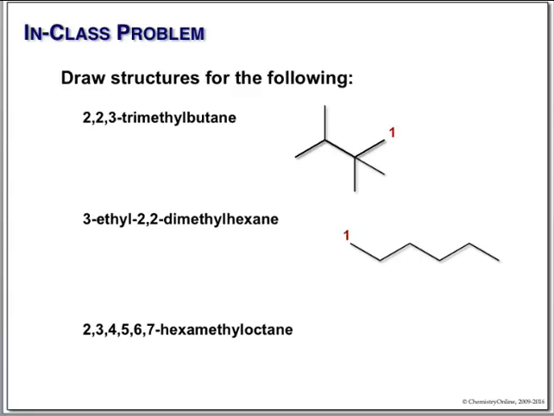Now, this is 3-ethyl. So if this is carbon 1, carbon 3 is right here. Ethyl is a 2-carbon chain. So we need to stick a 2-carbon chain on here. On carbon 2, down here, we have 2 methyl groups. Putting them all together, 2,2-dimethyl, 3-ethyl hexane.